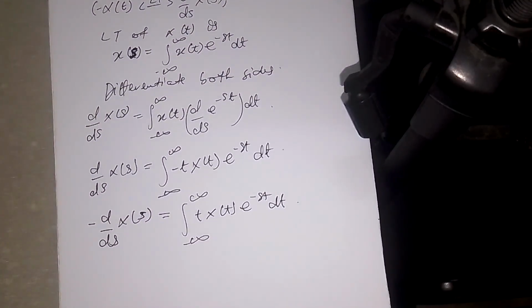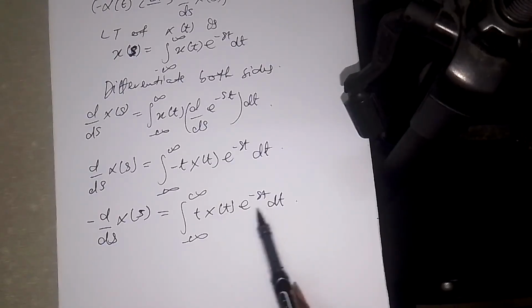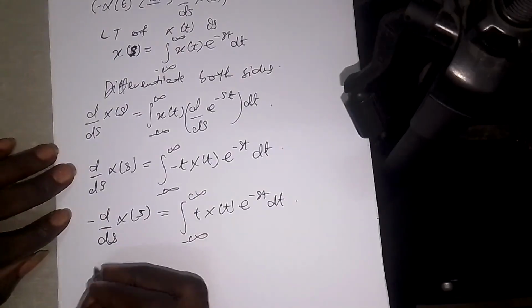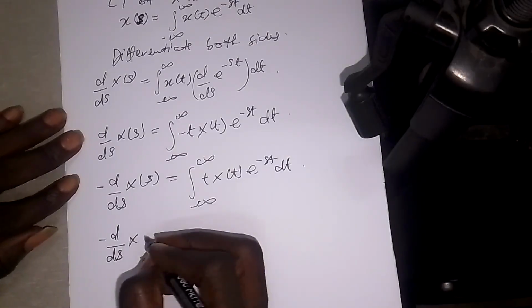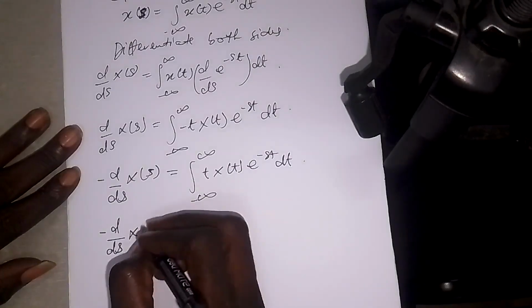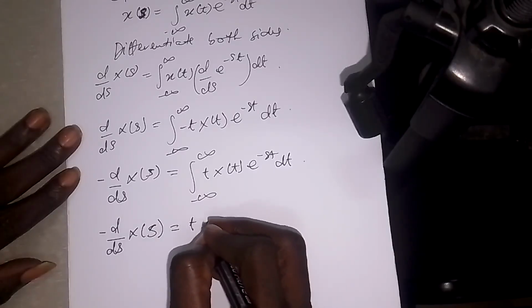Now you see that everything here, if I take away this t, is x of s, and I know that x of s is the transform of x of t. So I can have minus d ds of x of s equal to t into x of t.